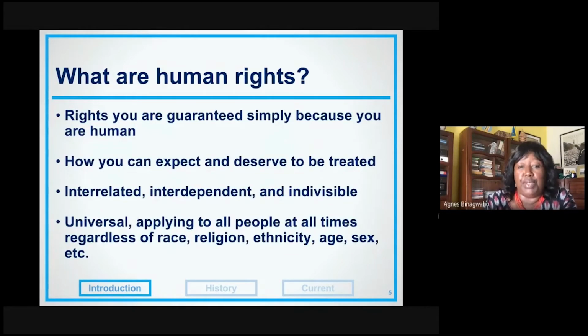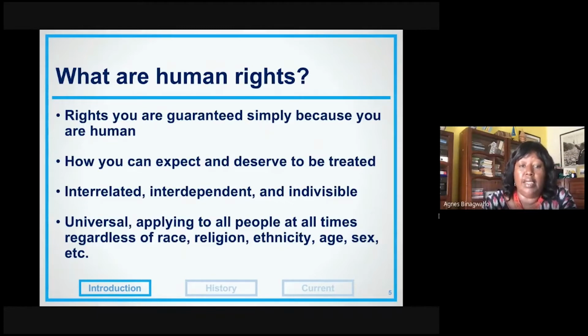Now, the combination of the words human and rights defines rights you are entitled to simply because you are human. This means that this is how you can expect and deserve to be treated as a person. They are the only rights that apply to everyone, everywhere.